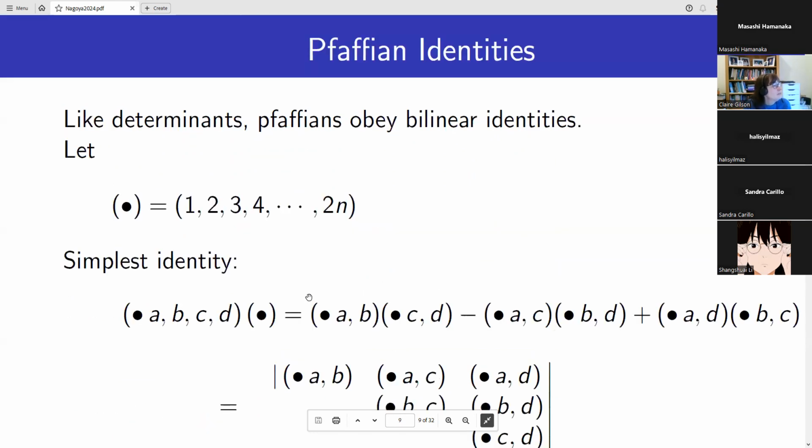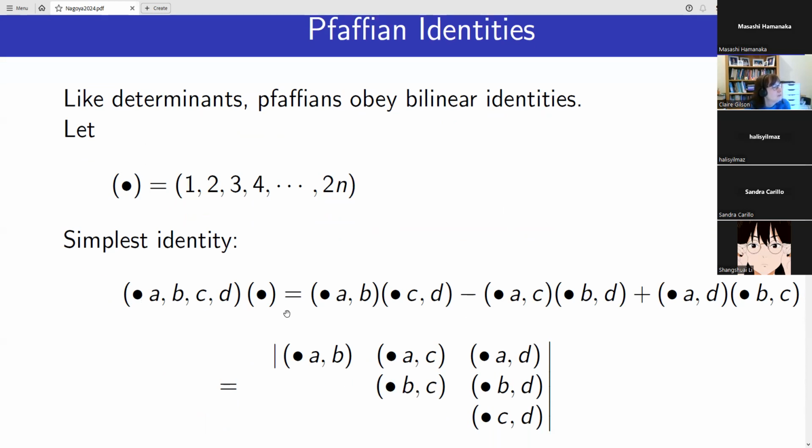Okay, so we have Pfaffian identities, which are rather nice, and I'll just show you a couple of these, but then we're not really going to use these per se, because the non-commutative Pfaffian is a bit different. So the Pfaffian identities, if we have, I'm just going to represent by a dot a Pfaffian that's size 2n, and then the simplest identity is the following.